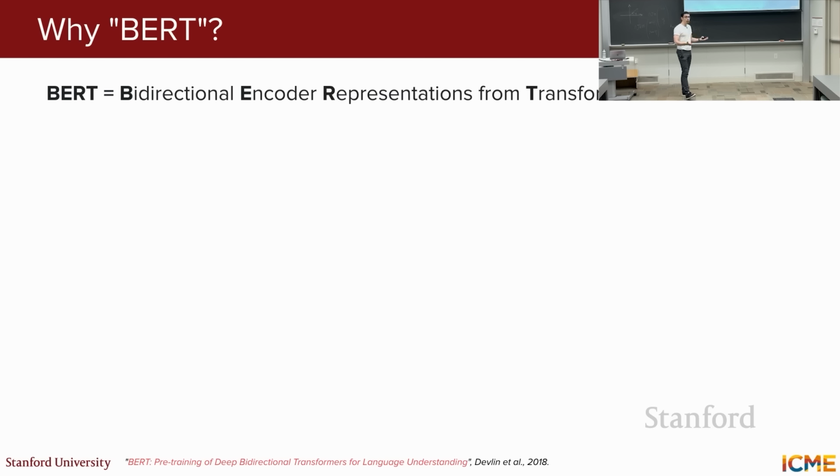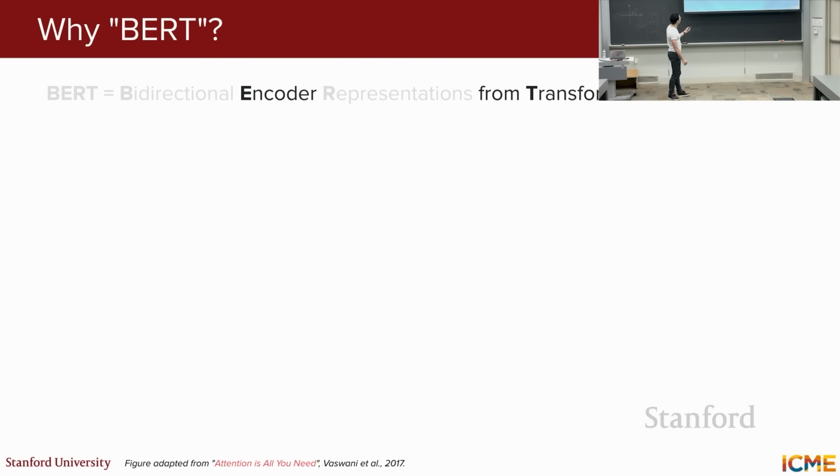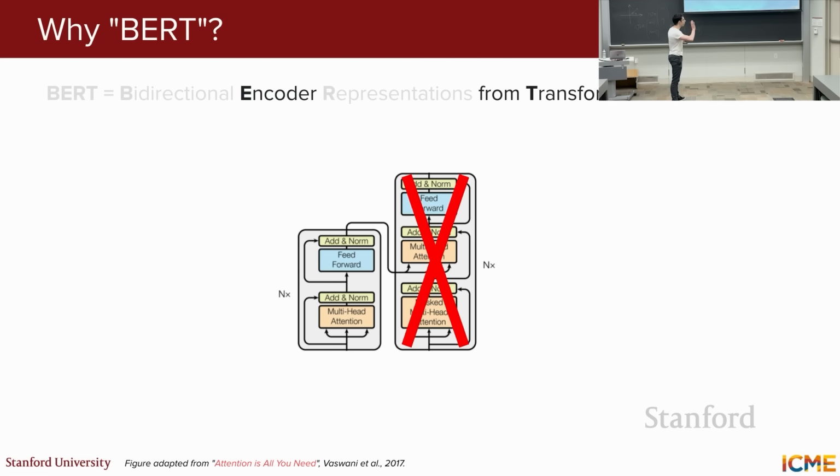And we're going to see together what each section of this acronym corresponds to. Let's start with the encoder part, which is the easiest to grasp. As we said, we just dropped the decoder. So this encoder from transformer is basically exactly what it means.